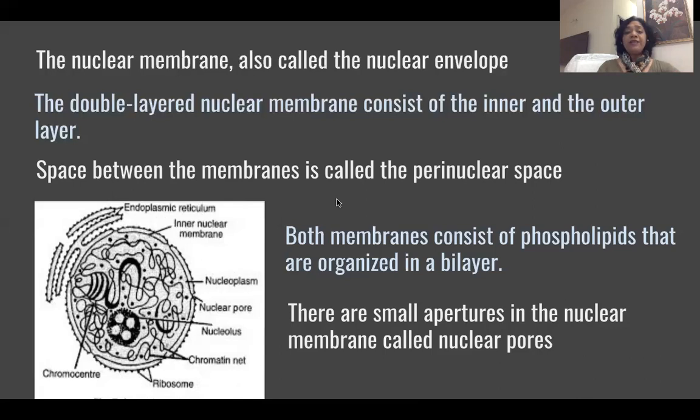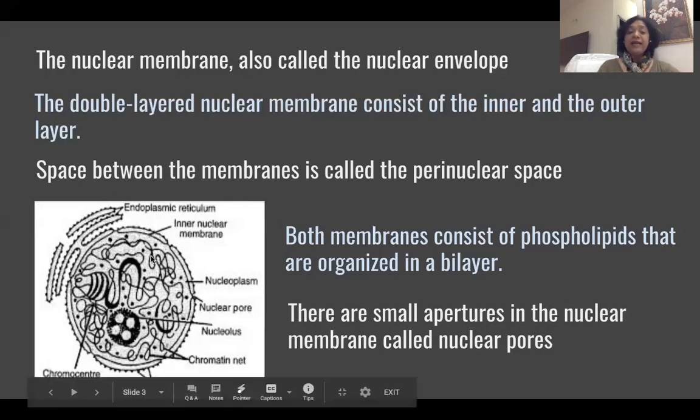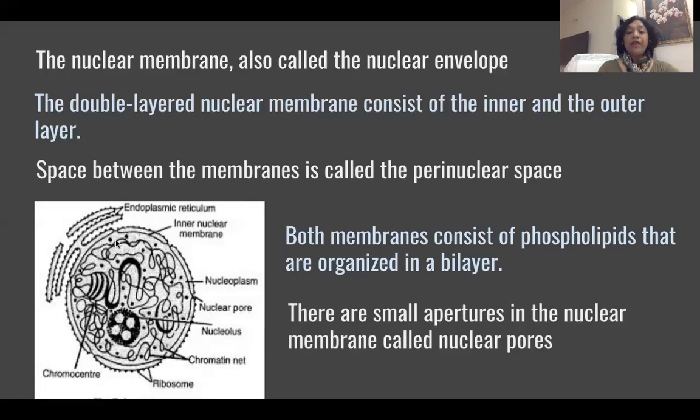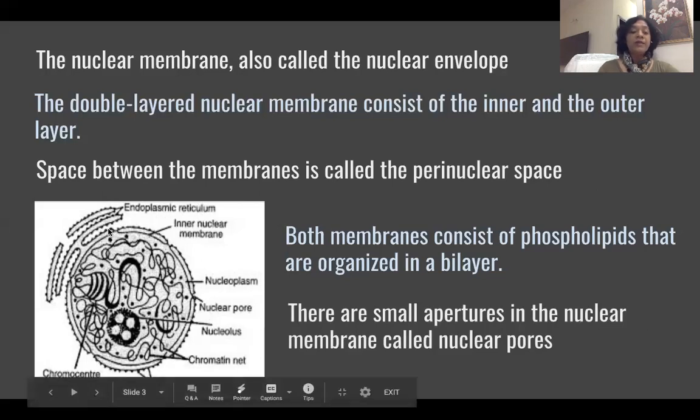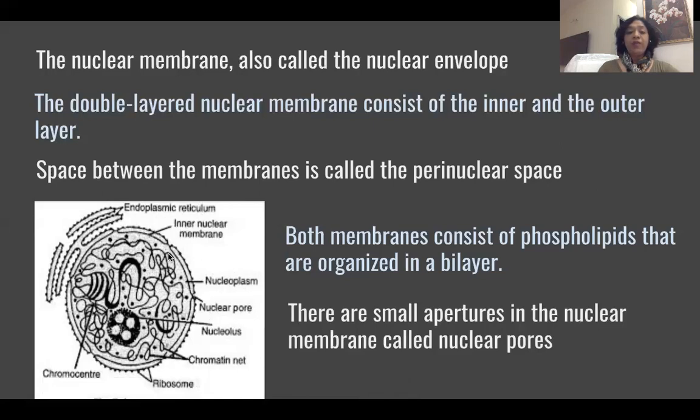I will revise this portion. When you see this diagram, you can make out that it is the diagram of a nucleus. You find the nuclear membrane is present. The nuclear membrane is also called the nuclear envelope. It is a double-layered membrane. It consists of inner and outer membrane.